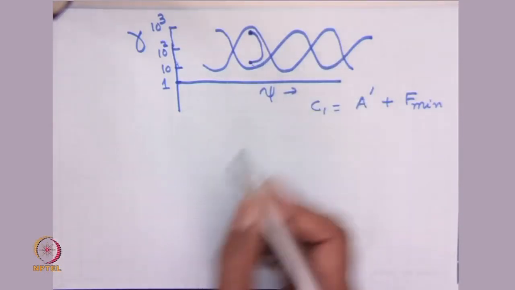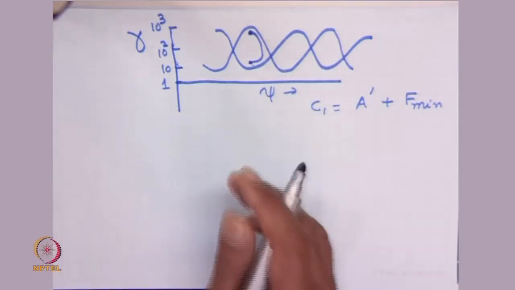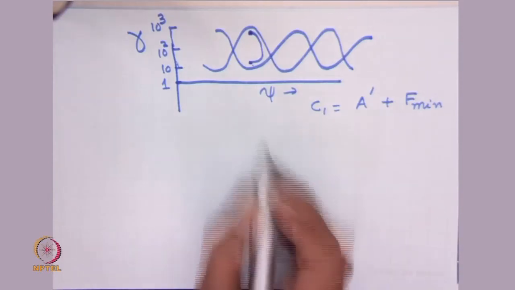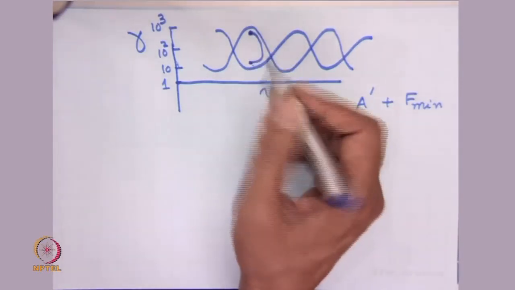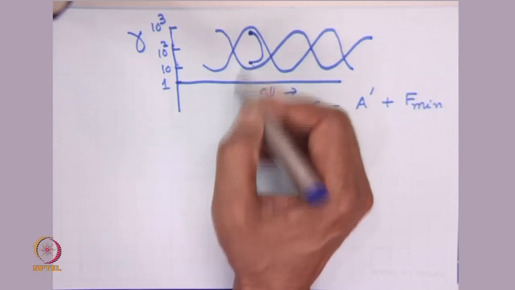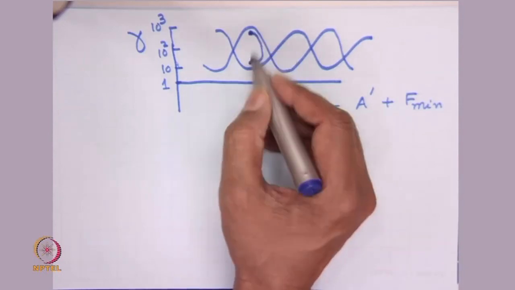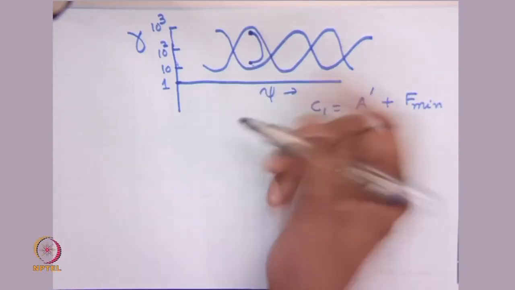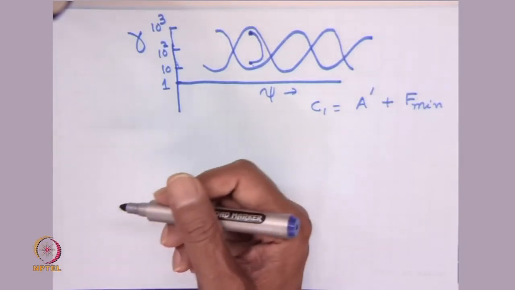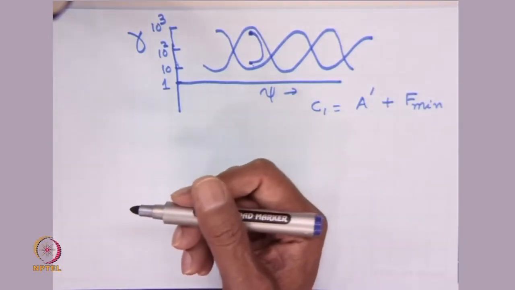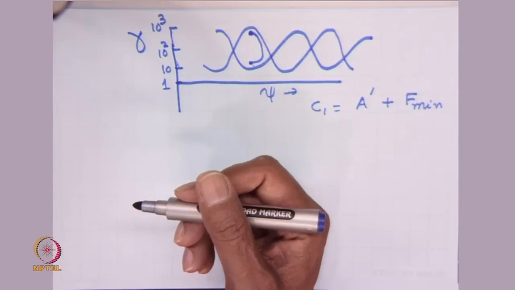So just when the wave travels, the electrons trapped inside the wave can gain a huge amount of energy in going from the bottom to the top of this gamma versus psi curve. And that is the scheme people have employed in the last 30 years or so to study electron acceleration.